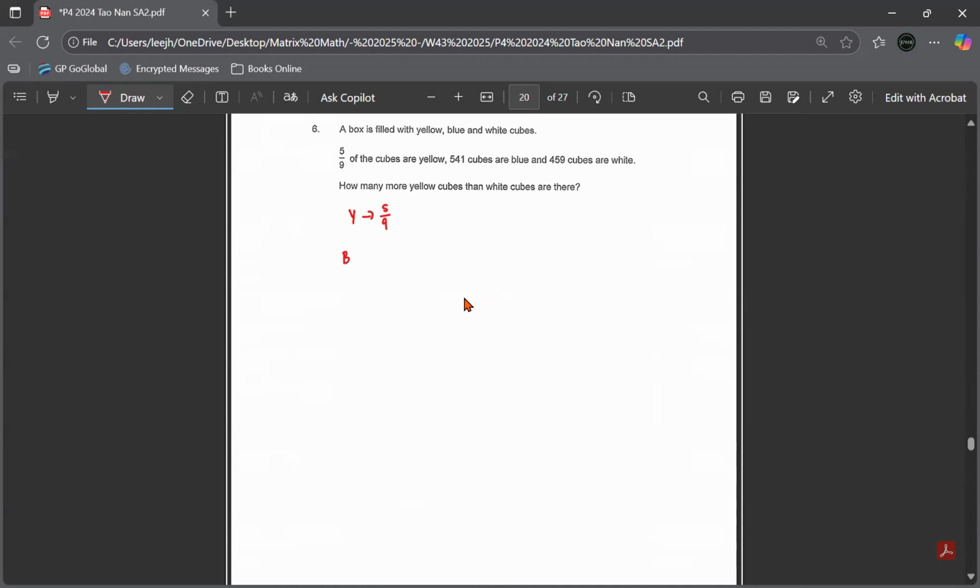So that means the blue and white will be 1 whole minus 5 over 9, 4 over 9. So 4 over 9 represents the blue and white. We can find out how many. Add these two: 541 plus 459 is 1,000.